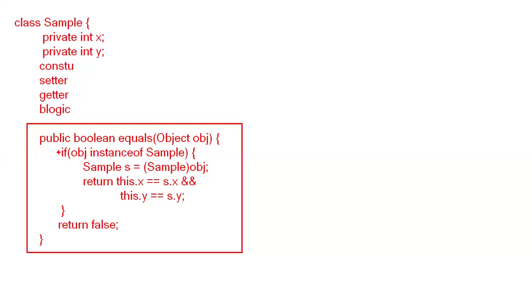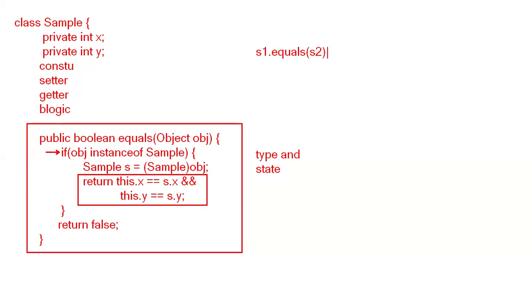First, you have to verify the type. Then you should verify the data. So whenever you want to compare state, you have to compare two things: number one, type and state. Now tell me, if I call S1 object dot equals of S2, both are Sample objects. What is compared? Type is the same.